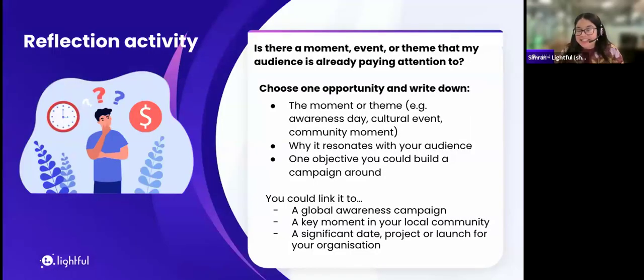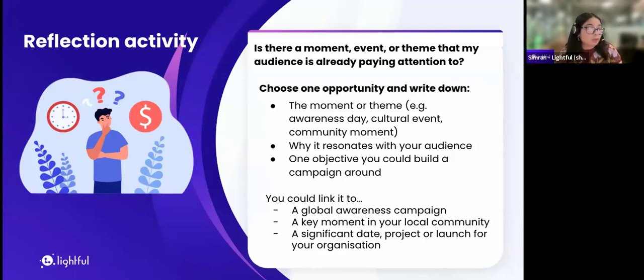And then there is some time for another exercise. It is a workshop after all. So we want you to think back to the audience work that we did last month when we asked you to think about your audience's motivations, cultural moments, values, needs, and also the times of the year when they are most engaged. And we want you to ask yourself, is there a moment, event, or theme that my audience is already paying attention to?